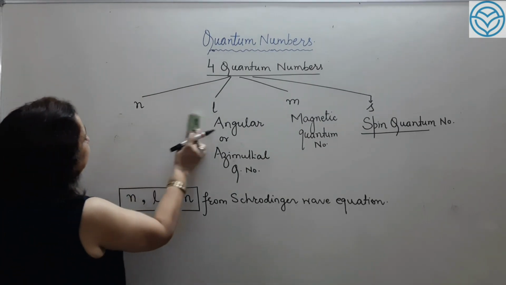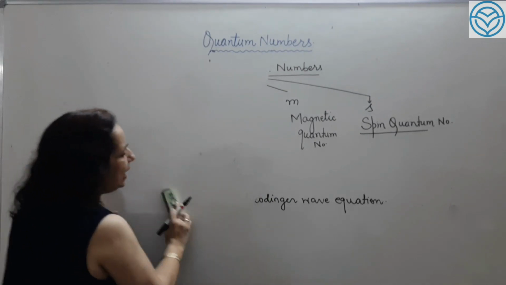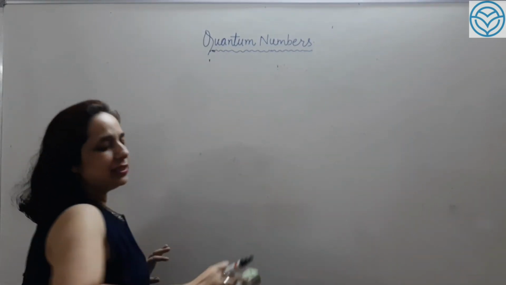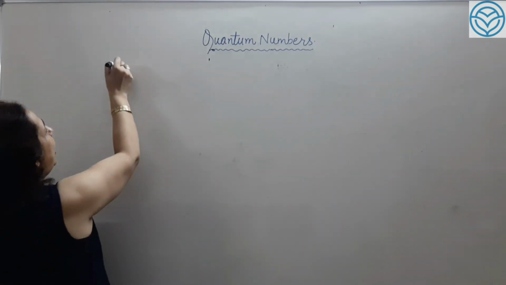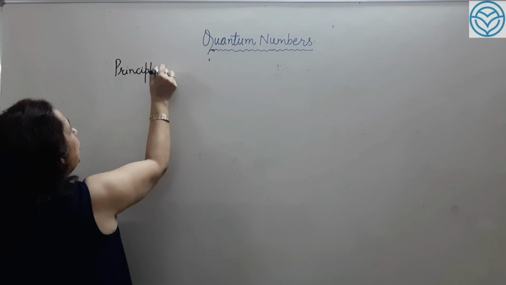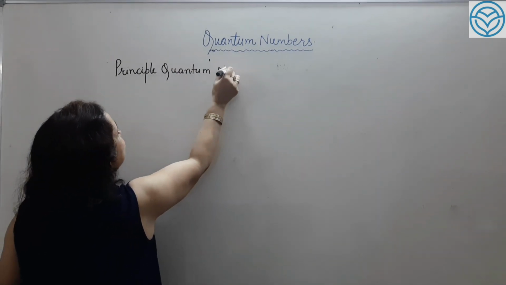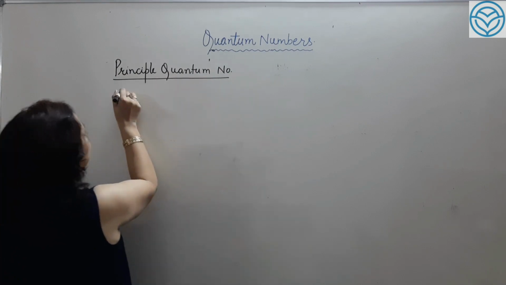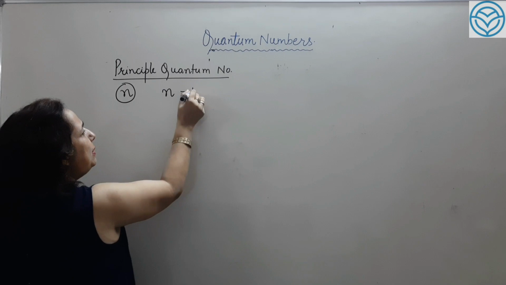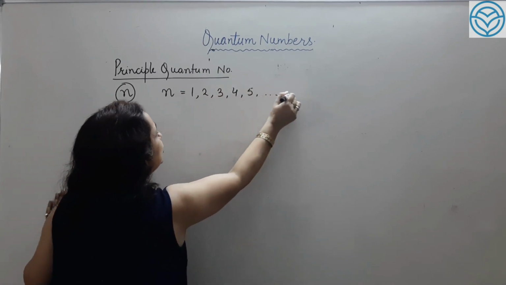Out of 4, first of all, I'll start with the first quantum number, that is the principal quantum number, and one must be very much clear about this quantum number, which is closely resembling our Bohr's atomic model. It has the symbol N. First point, the value of N can be 1, 2, 3, 4, 5 and so on.